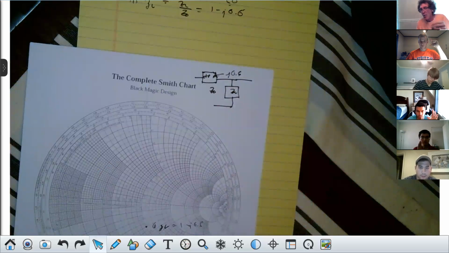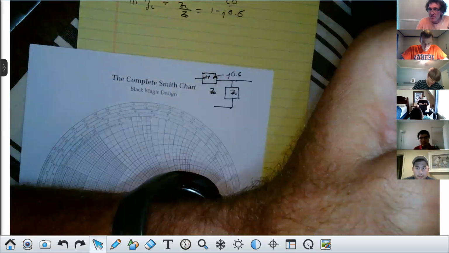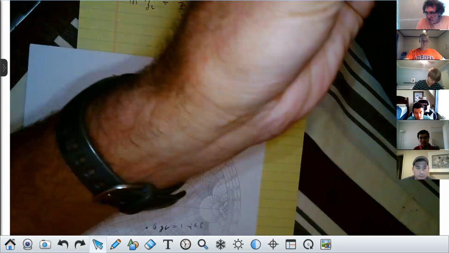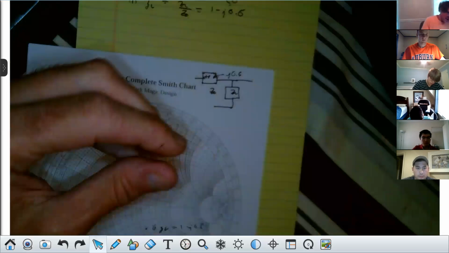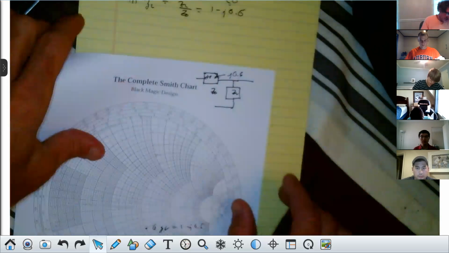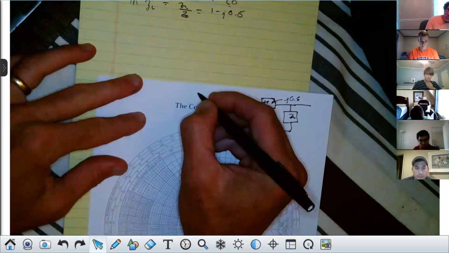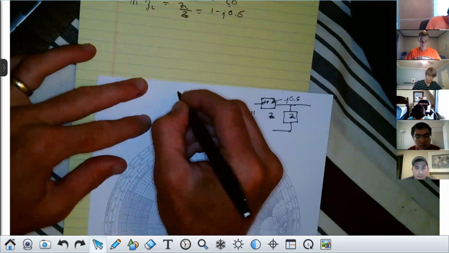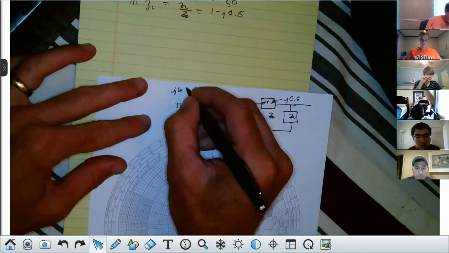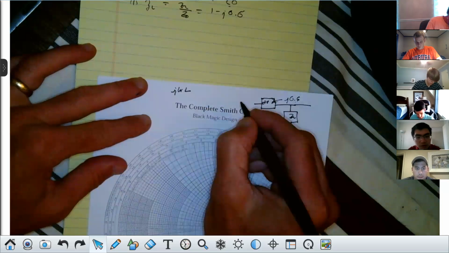All right. Now, what element has a plus J sense to it for the impedance, class? Inductor. An inductor. So this value of J.6 would be equal to a normalized inductive impedance. Well, an inductor has an impedance of J omega L, right? That's the impedance of an inductor. To normalize it, we divide it by Z0.